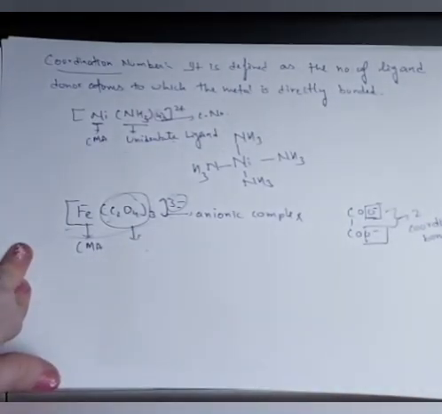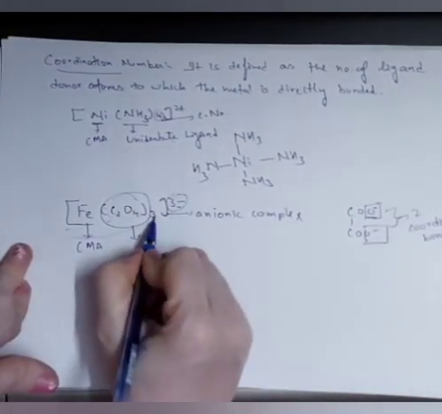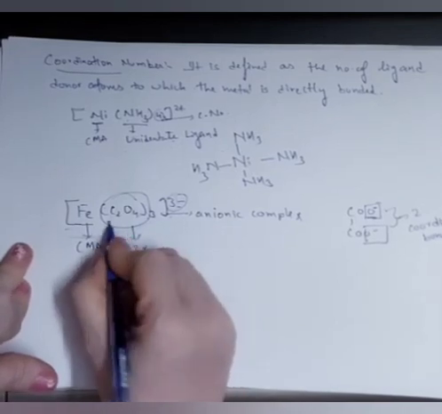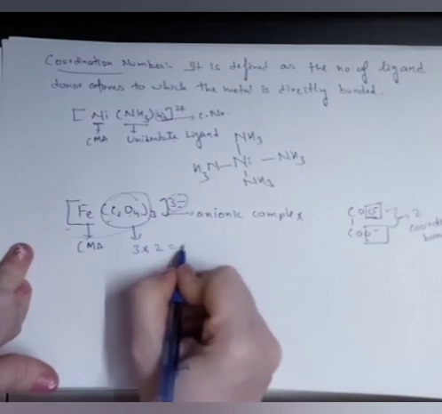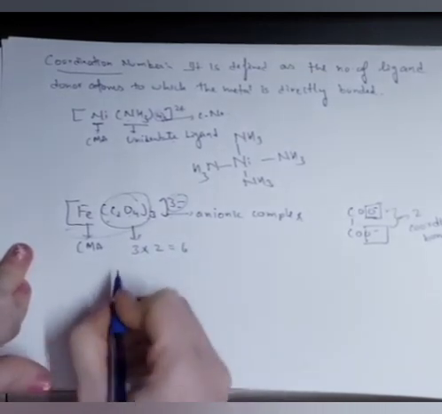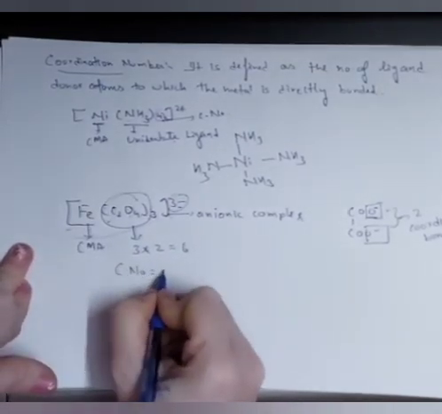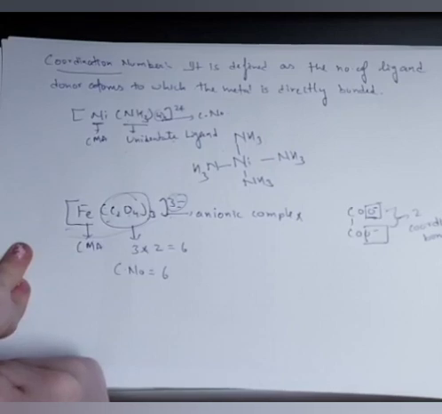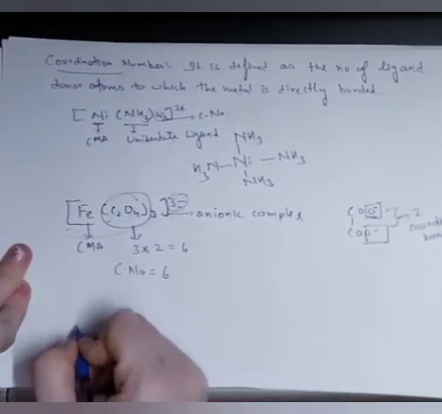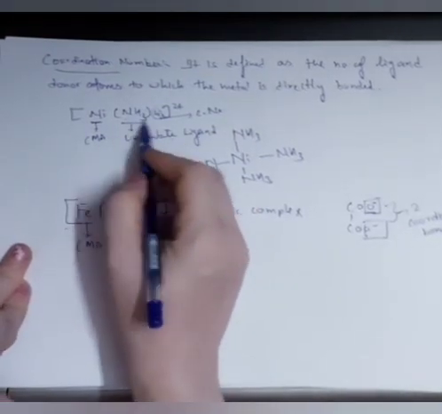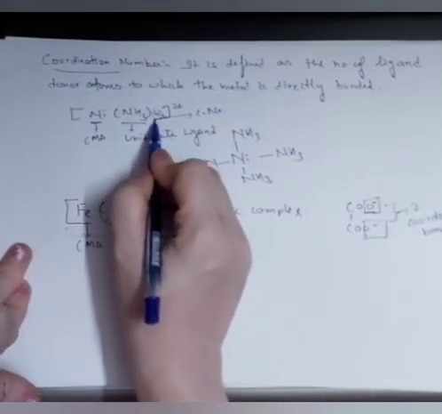So if there are 3 molecules here, each forming 2 coordination bonds, it is equal to 6. So what is the coordination number here? It is 6. If there is a unidentate ligand, whatever number is present, that is its coordination number.